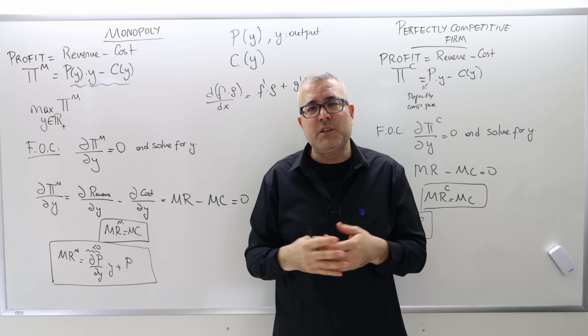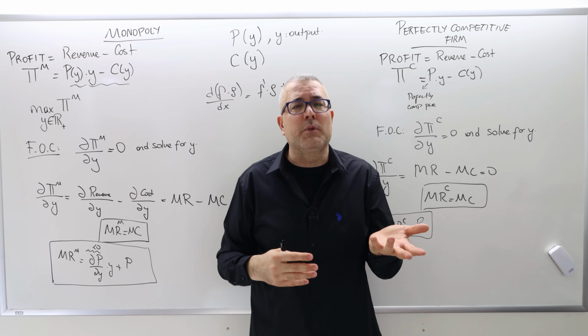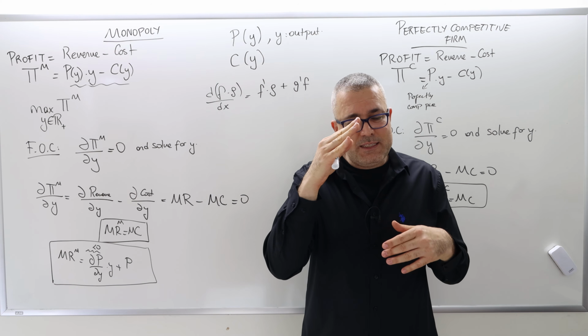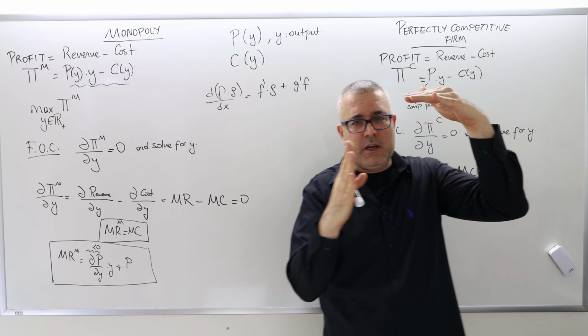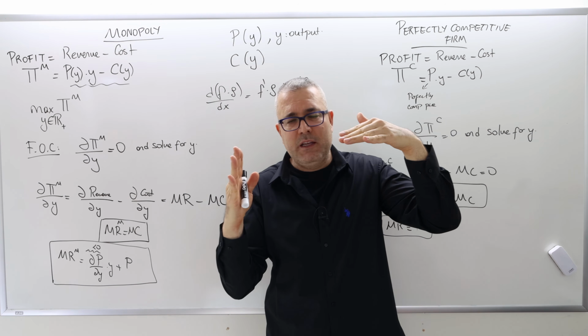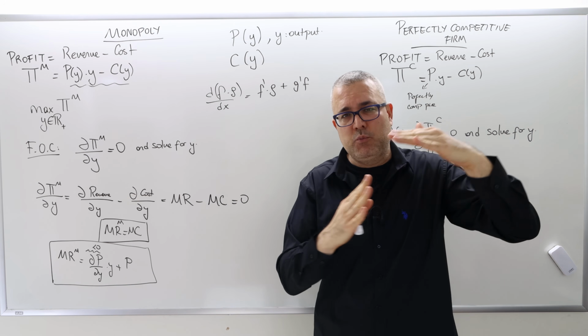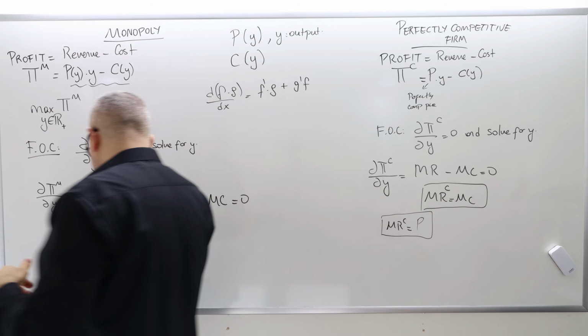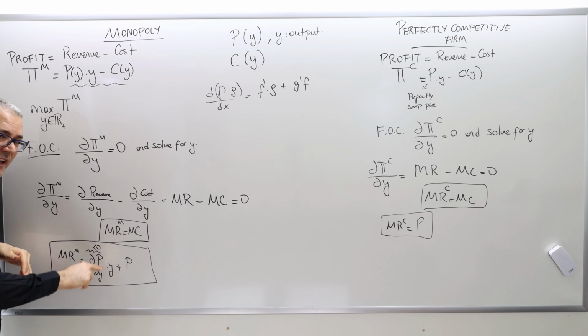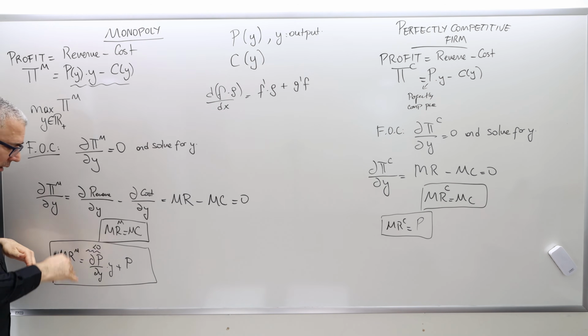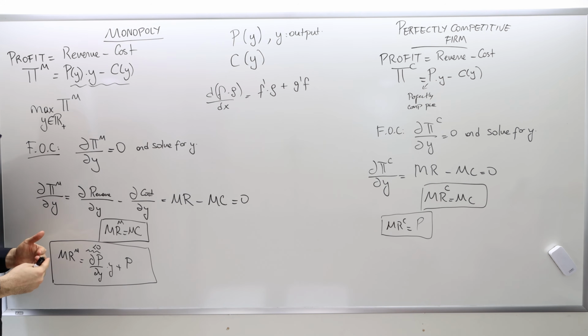So we already mentioned it, I just didn't say it's a normal good. As the price increases, quantity will decrease, or as the quantity increases, price will decrease. So there's a negative relationship between price and quantity. Therefore, when you take the derivative of the downward sloping demand curve, it's going to be negative.